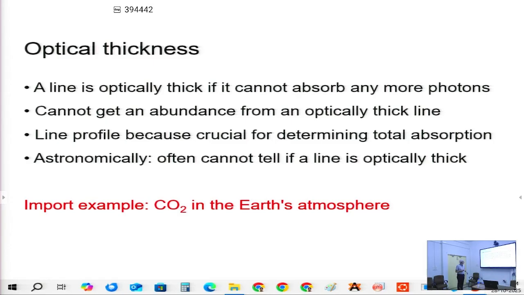So an optically thick line is thick if it absorbs the majority, basically all the photons going. You can't get abundances this way, and actually the line profile becomes very important for determining the absorption. And there's a rather interesting example on Earth, which is carbon dioxide, and we're all very worried about the amount of carbon dioxide in our atmosphere.